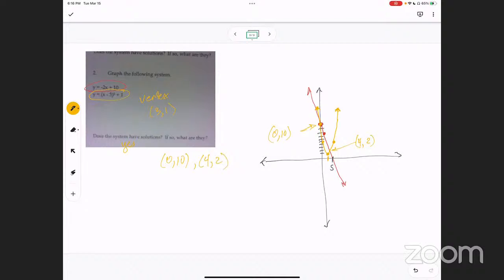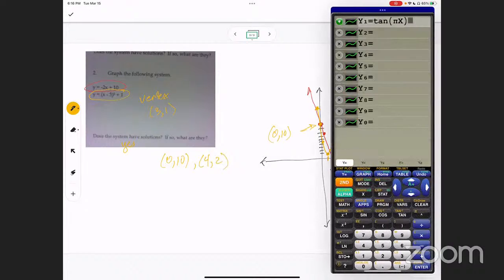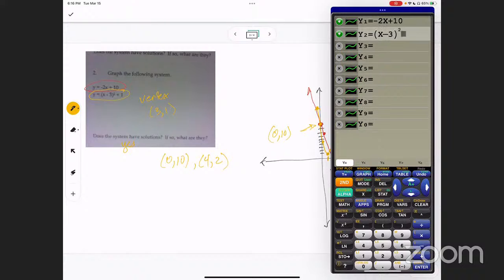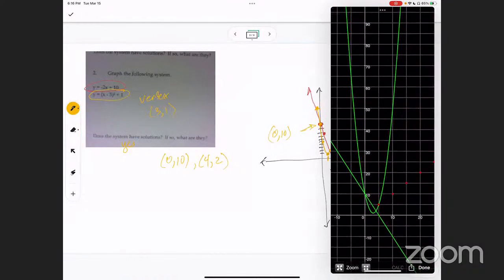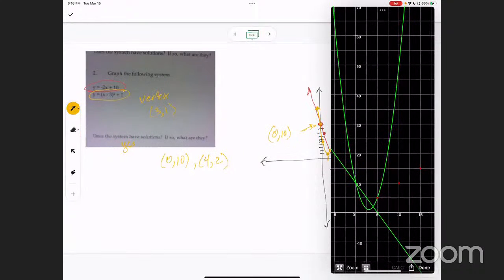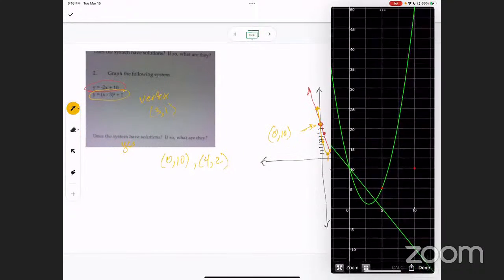Okay. Let's take a look at it on the graphing calculator. If we punch that in real quick, -2x plus 10, and then into the other one, parenthesis x minus 3 squared plus 1, and if I graph them, you can see those points.